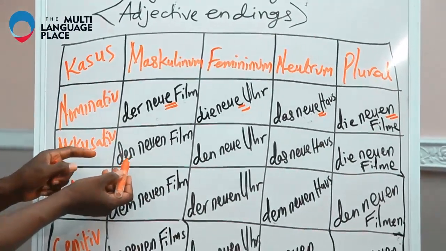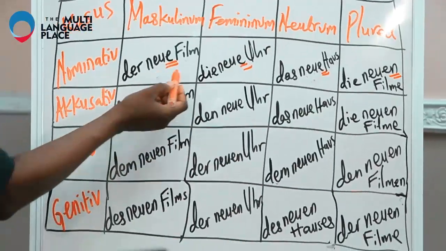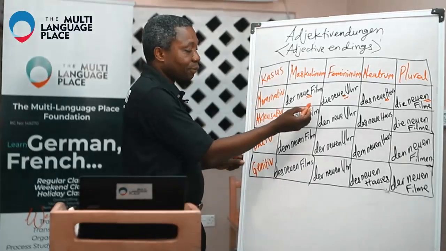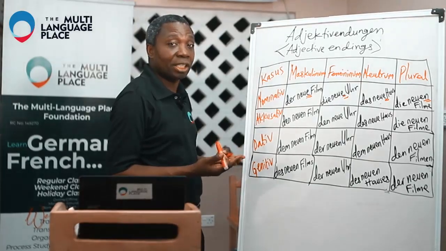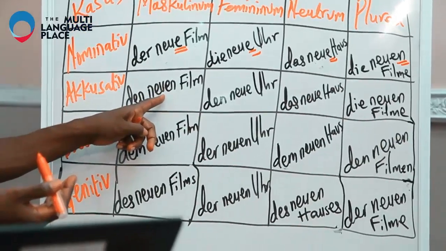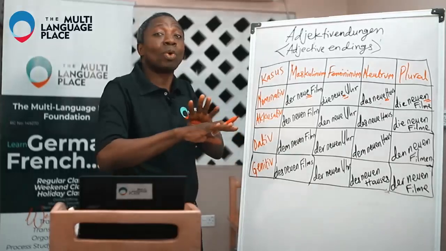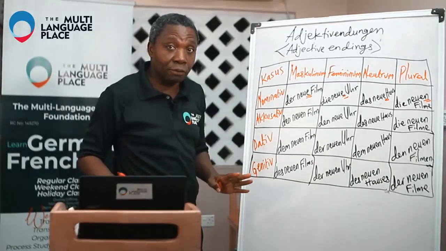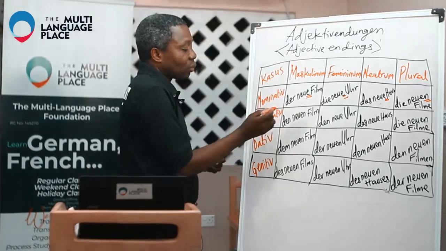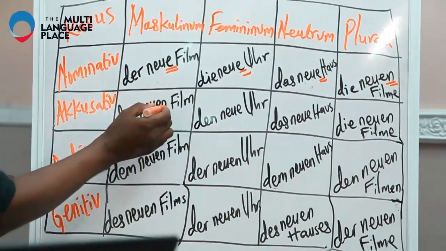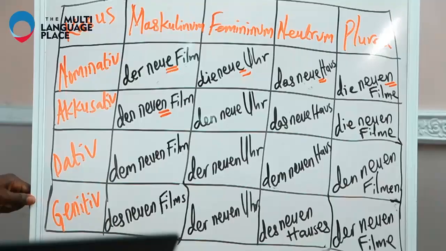In the accusative, we have den Film, but then look at the changes that occur in the adjective. And the same thing that occurs with this adjective occurs with every other adjective in German that you find in this kind of position. So in the accusative case, we have den neuen Film.